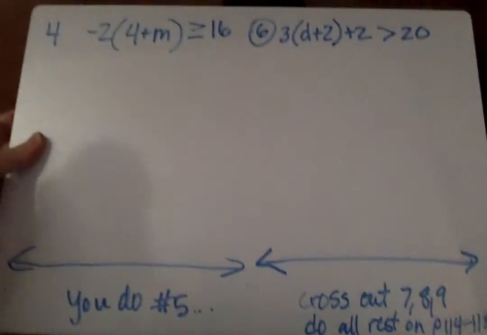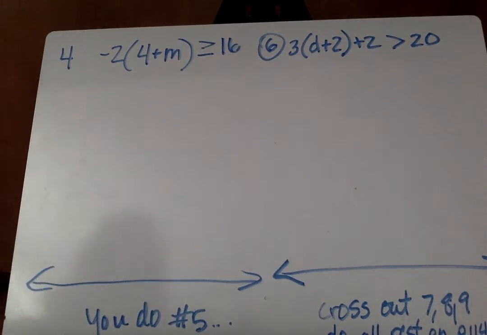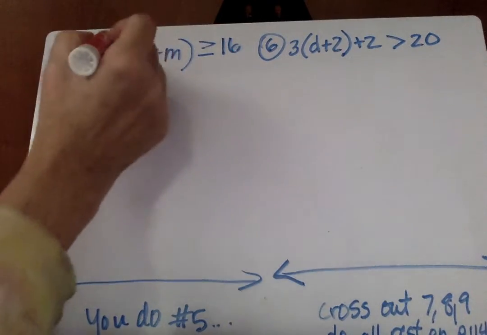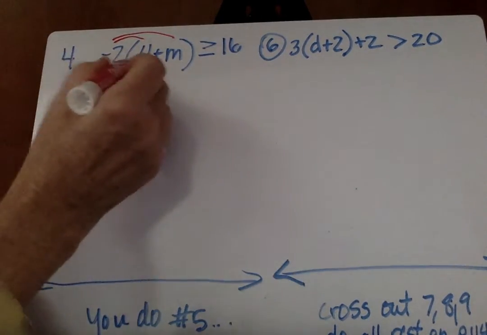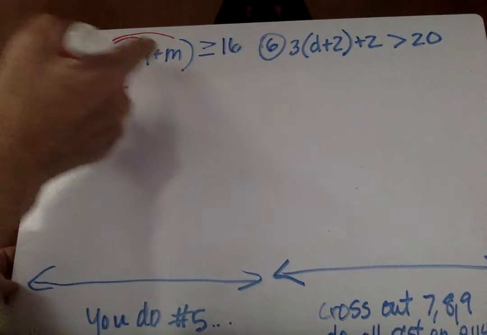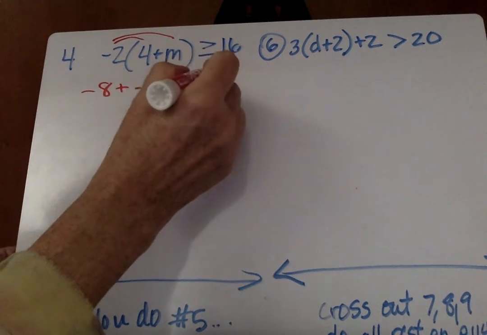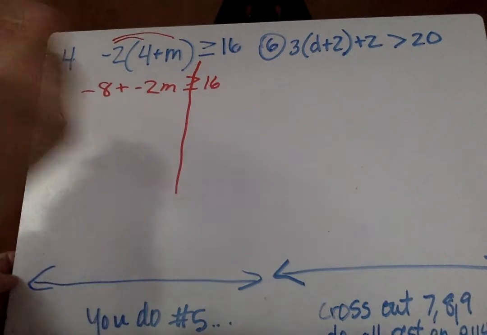Okay, now we're going to be using more steps that you will have on your desk in the yellow little thing that's taped there. Okay, the first thing we want to do is the distributive property. Negative 2 times 4 is negative 8, plus negative 2 times m is negative 2m, greater than or equal to 16. And again, if you want to draw a line down there, that's fine.